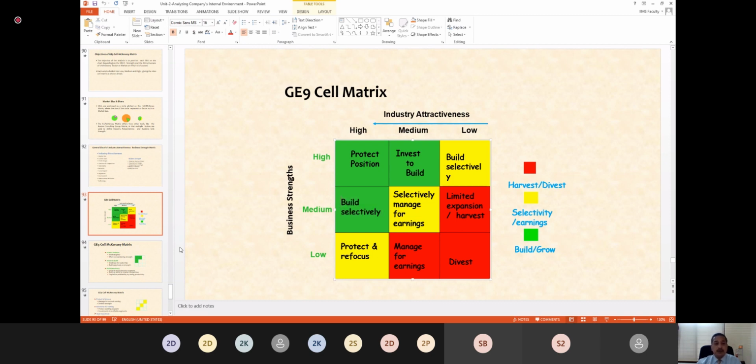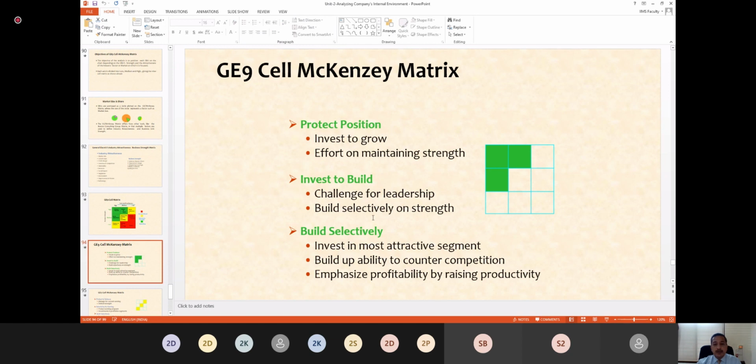We have to select a few opportunities which can be taken benefit of, and therefore invest in the most attractive segment, invest in the most attractive business or product lines, then build up the ability to counter competition. Through whatever strengths we have, we can build our ability to overcome the competition and emphasize profitability by raising productivity.